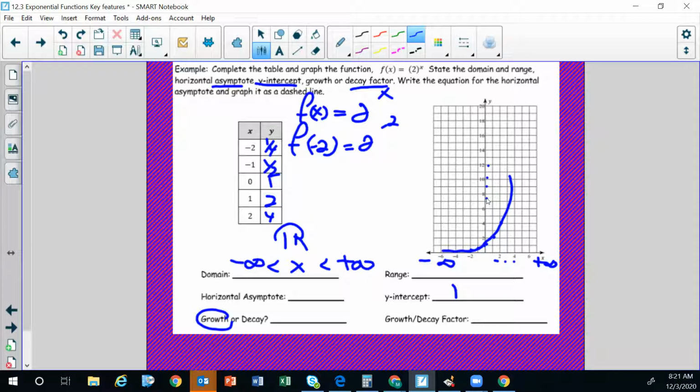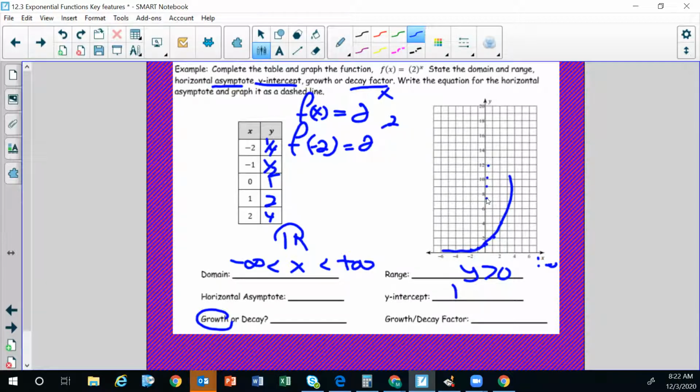So the range is going to be y is greater than 0. In this class, Jacqueline, Charles, Maddie, the range is always y is greater than 0. All right? Hint, hint. So the range is y greater than 0.